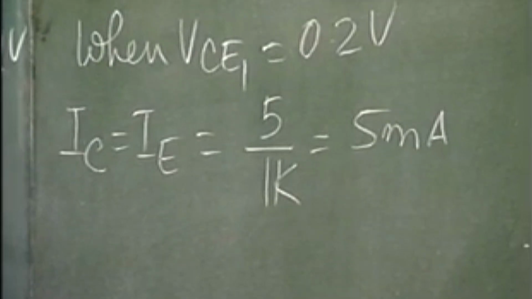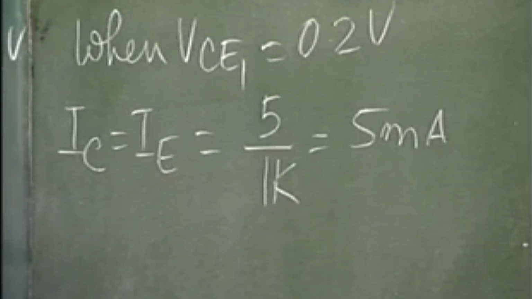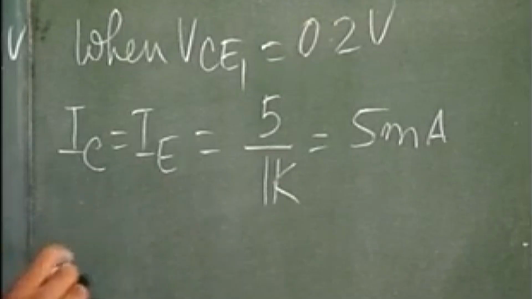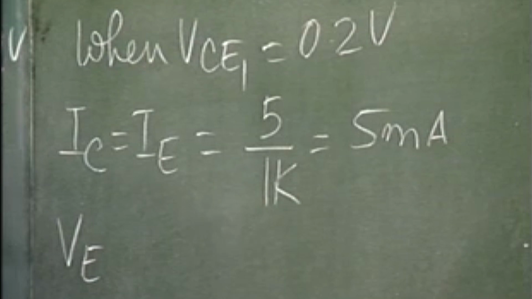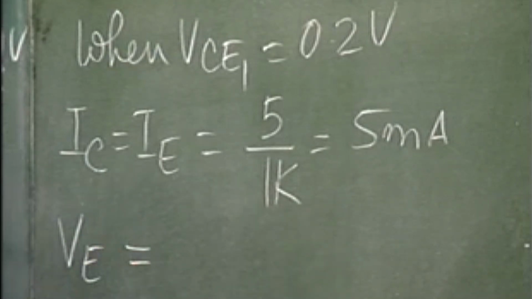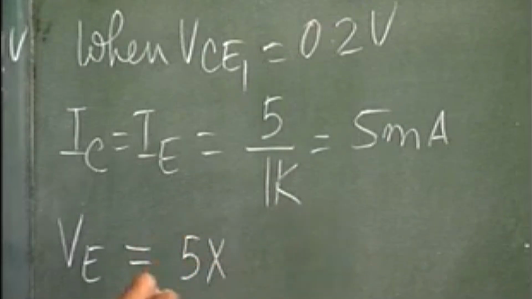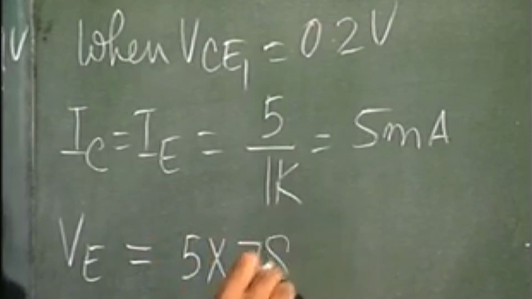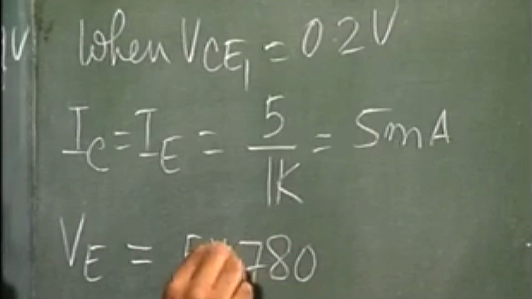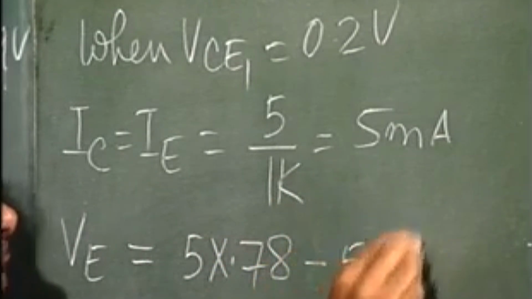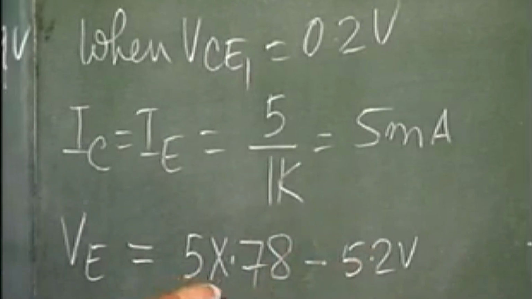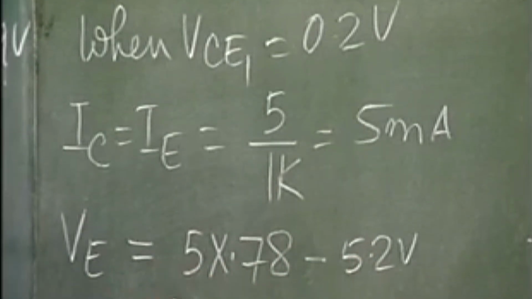All right. So, what is VE equal to? VE is equal to 5 into 0.78, because this is in milliamperes and this is in kilo ohms, minus 5.2 volts. That is the reference. Plus this drop, so that is VE. So what is this?